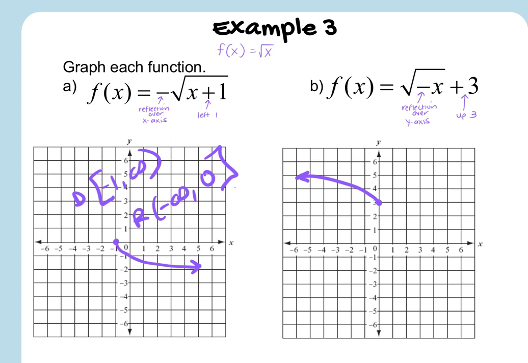It would be decreasing that whole time, so it'd be decreasing from -1 to positive infinity. It's technically just over 1 and up 1 unless there's a vertical stretch. It's really up 1 and left 1. If you want to plot a point, you can, but really as long as you draw that arc going in that direction, it doesn't have to be perfect.